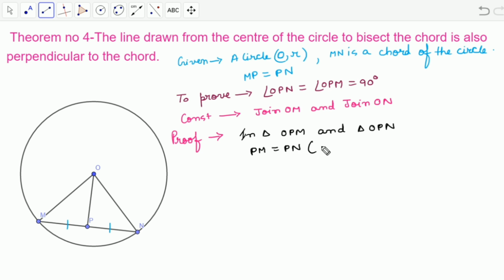It is already given in the condition, in the question rather. PM equals PN. Also you can see that OM is the radius, this is also the radius, right? OM equals ON. It is the radius. Also we see that OP is equal to OP, and it is a common side in both the triangles, so this will be common, right?